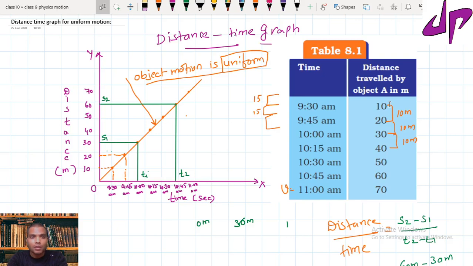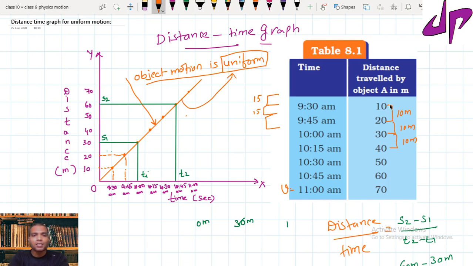Last class I discussed the distance time graph for uniform motion. From the graph, we understood that a straight line represents an object moving in uniform motion.